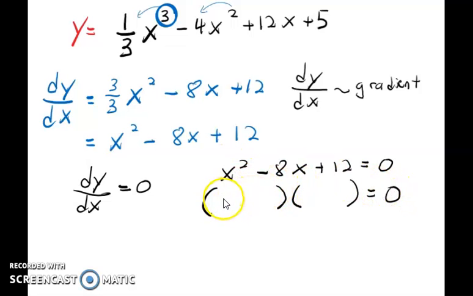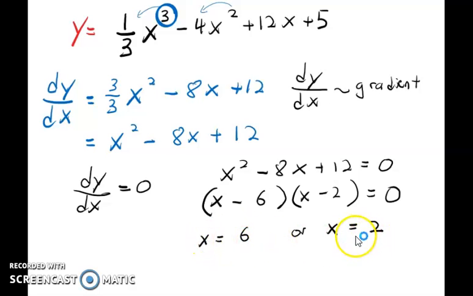So we get x minus 6 and x minus 2, where x equals 6 or x equals 2. At these two values you will get a stationary point.